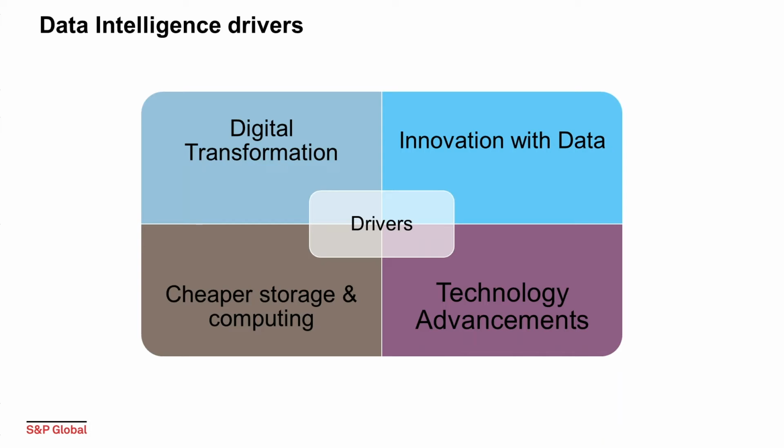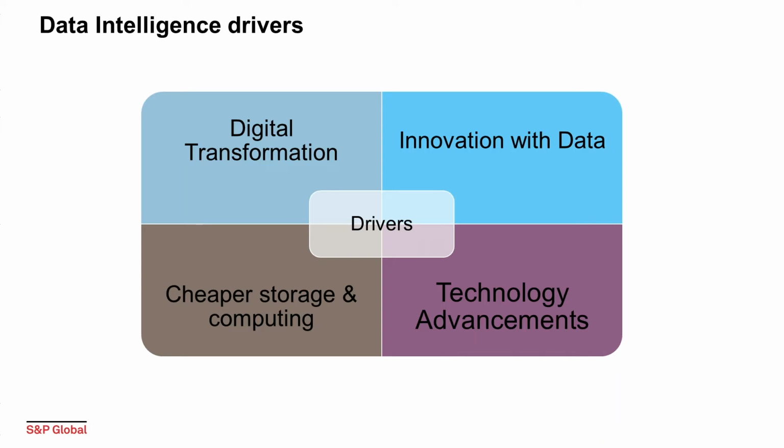Technology advancements. So we have seen how data is growing enormously, right? A few years ago, there were no frameworks to really handle data at that scale. But now, with the emergence of distributed computing, we can process the data at petabyte scale.